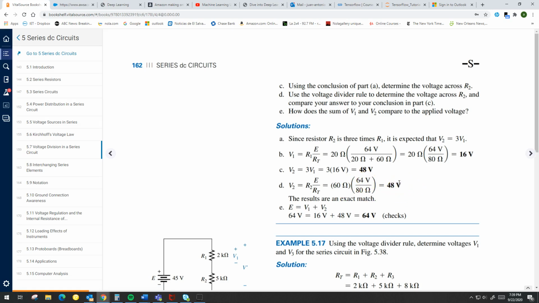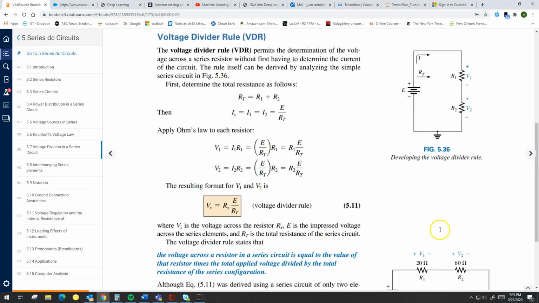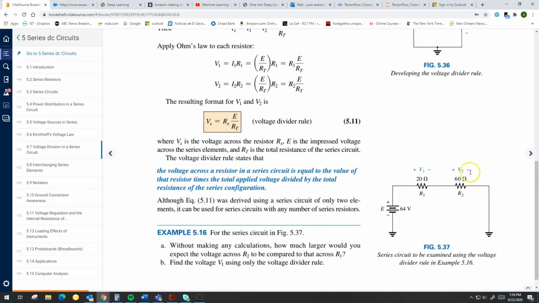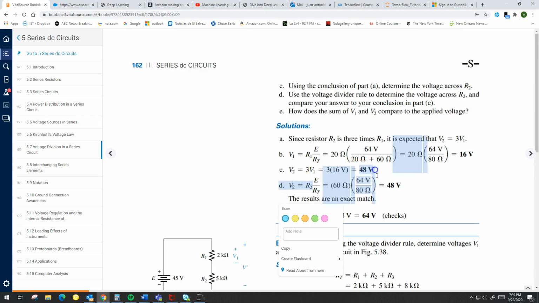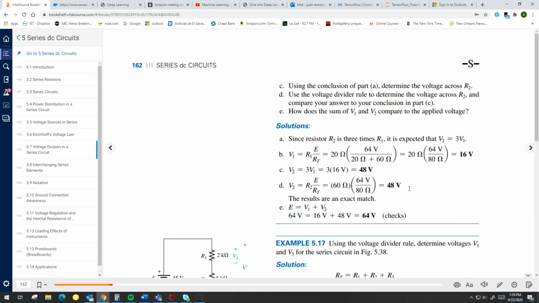And we also knew that because remember we said at the beginning, how much larger is V2 compared to V1? V2 is going to be 3 times V1. So you could have also found V2 based on that knowledge, and you should get the same result, 48 volts in either case.